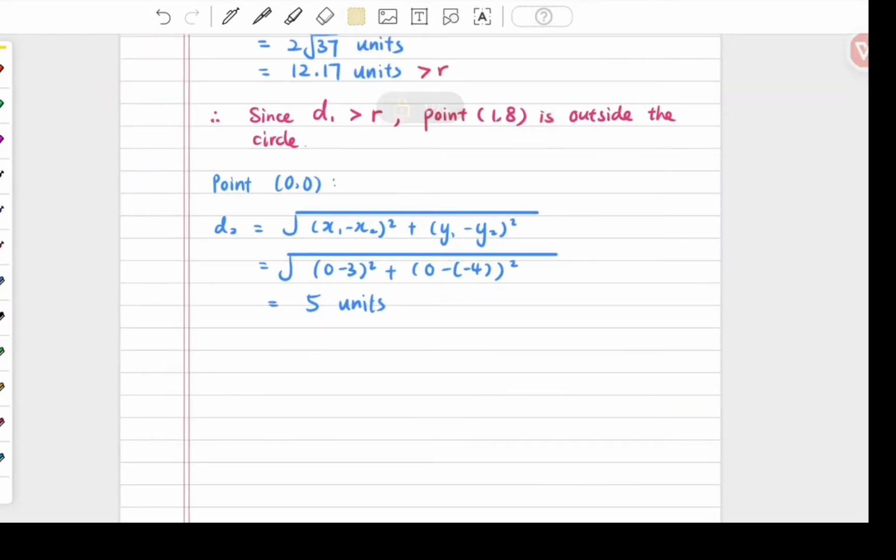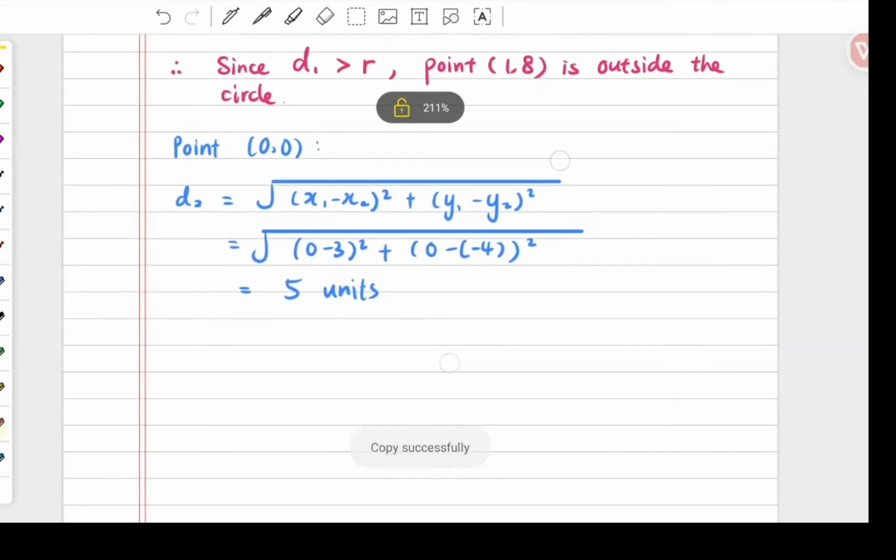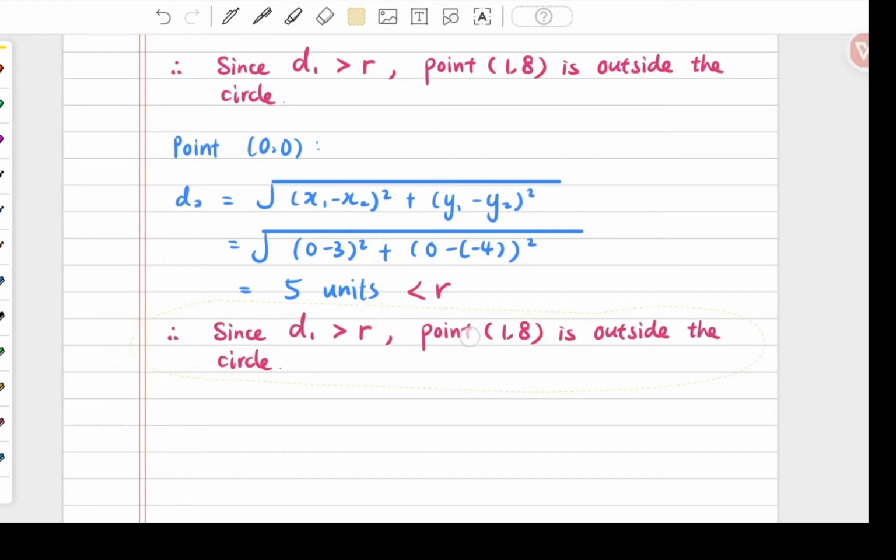Okay, so you can see this d2 is less than R because your R is 6. So you can make your conclusion here. Since it is less than R, point (0, 0) is inside the circle.